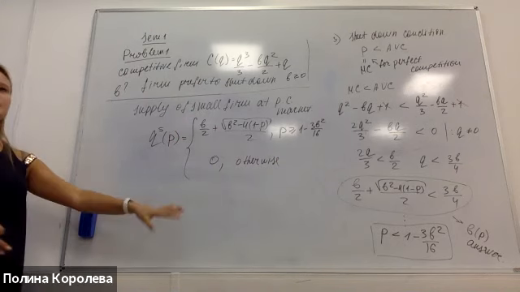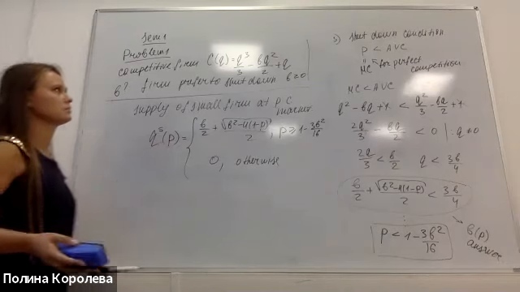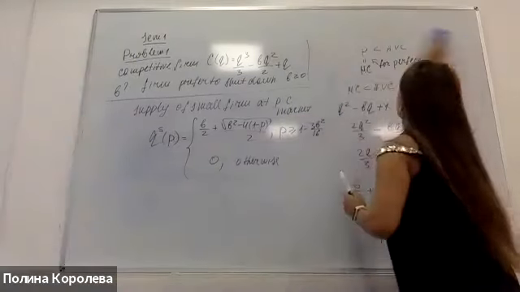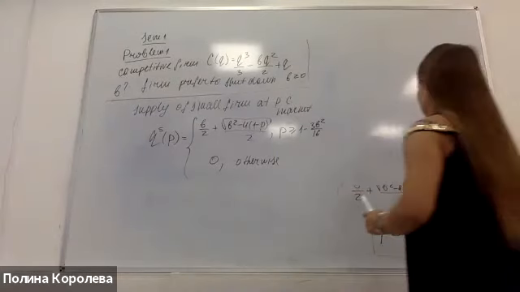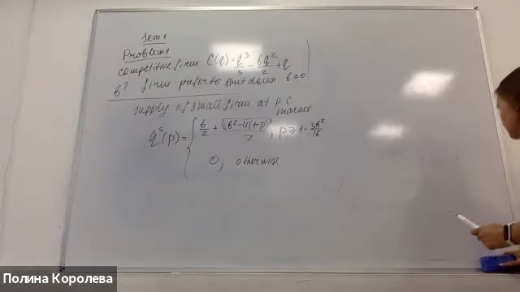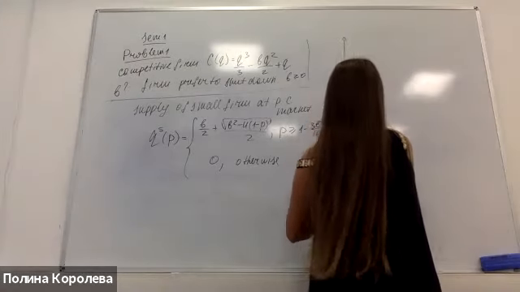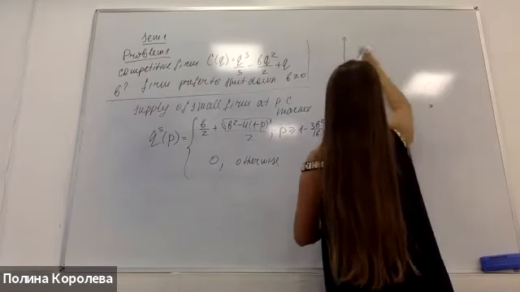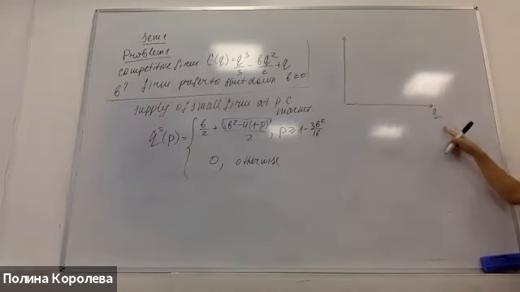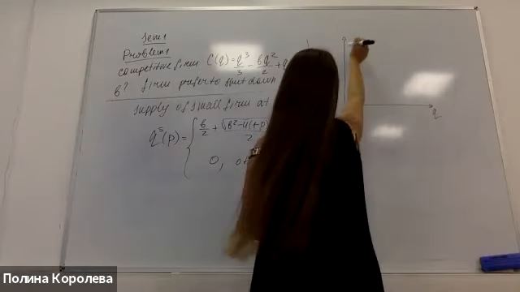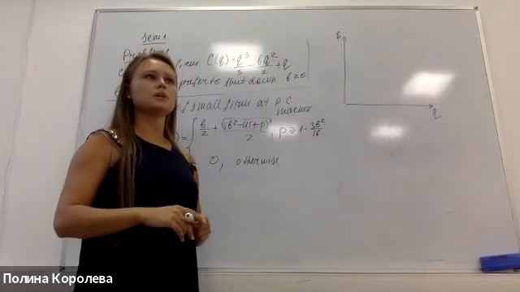Okay, this was the analytical solution. Let's draw the graph. It will be sketched, but with everything we need. Horizontal axis is quantity, vertical axis is everything that we count in money terms.